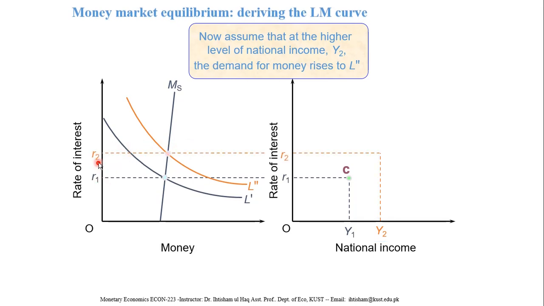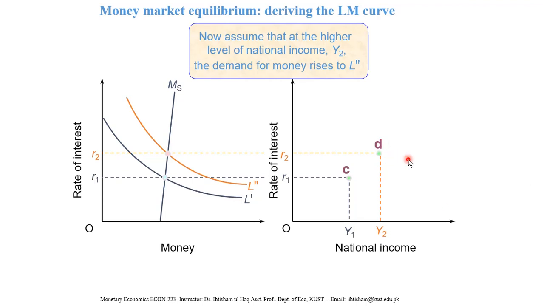This level of interest is higher than the previous one, and we mark it as R2. R2 corresponds to the Y2 level of national income. The combination of R2 and Y2 we mark as point D.